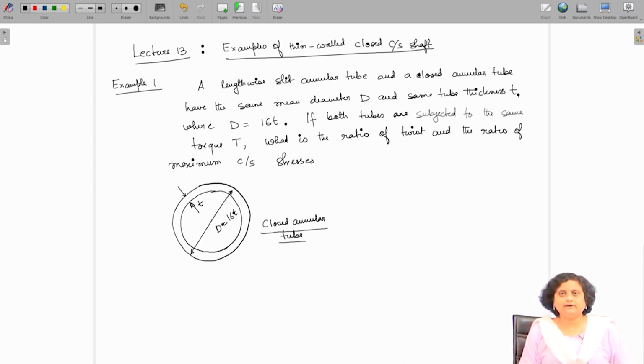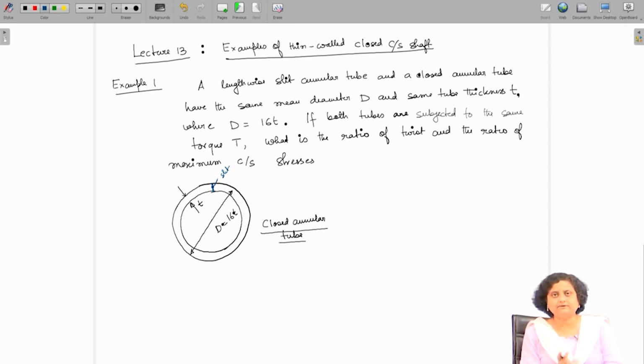So, T is uniform all through the annular tube. This is the closed annular tube, and there is another cross section which is the same annular tube, but there is a small slit here. The slit is such that the edges are in contact with each other, but not closed.